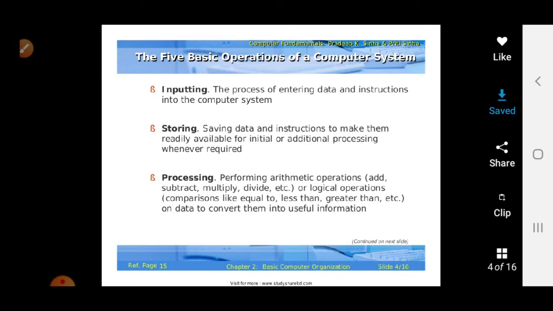Users enter data and instructions into the computer through keyboard or mouse. It can also be provided to a computer from storage devices such as hard disk, CD, USB. The input data and instructions are stored in memory for further processing also. Then we have storing, or a storage operation you can also call it: saving data and instructions to make them readily available for initial or additional processing whenever required, and data can be stored for a future purpose also.